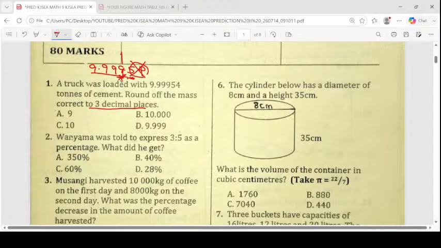So 9 plus 1 is 10, you write 0 carry 1. 1 plus 9 is 10, 0 carry 1. 1 plus 9 is 10, 0 carry 1. Then point 10. So we get our answer as 10.000. This is the most accurate answer, which is choice B for boy.